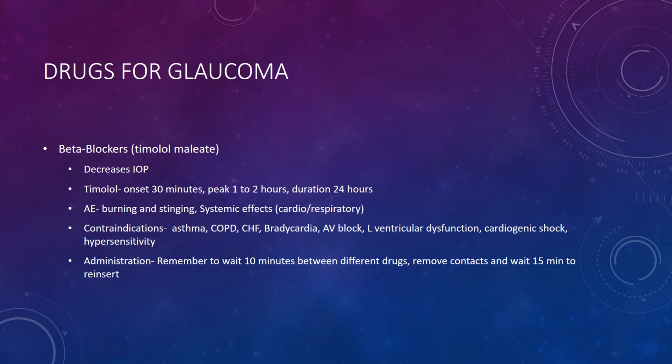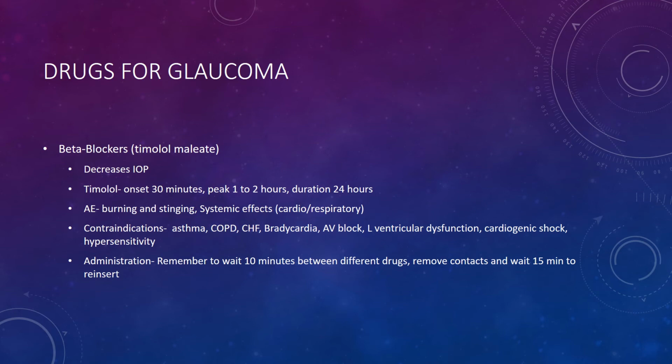And again, we have to wait 5 to 10 minutes between different drugs, remove contacts, and wait 15 minutes to reinsert. That's going to be important. Also, drug-drug interactions will be important. We know a lot of people are on beta blockers, so we may need to talk to the doctor.